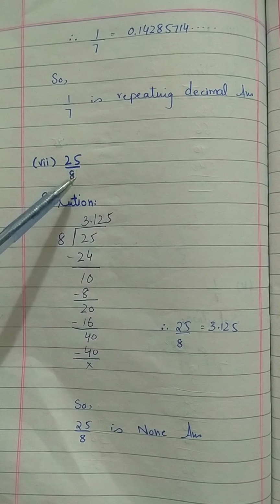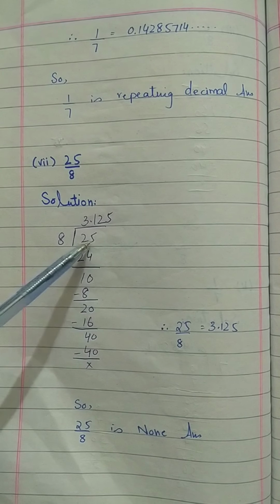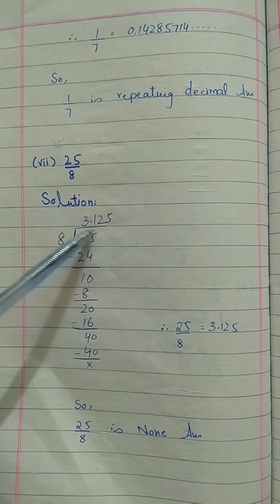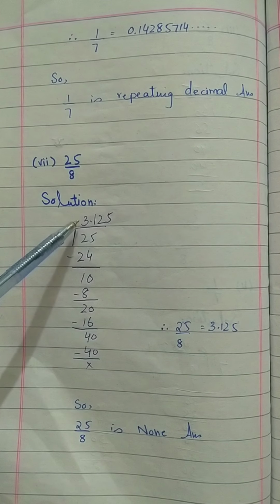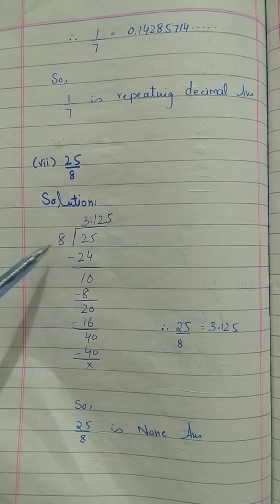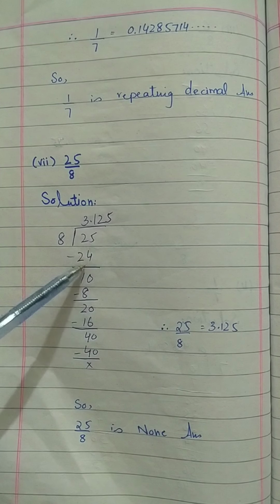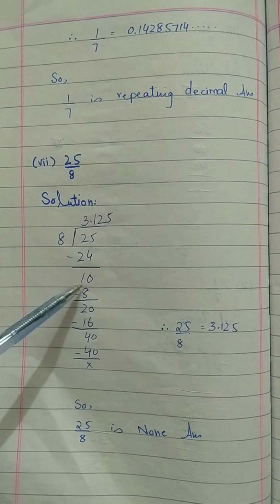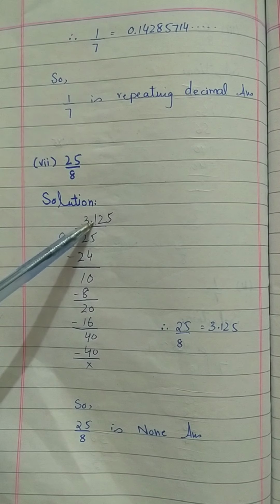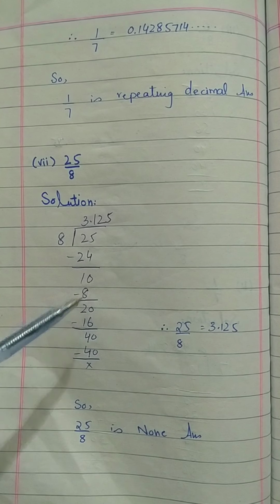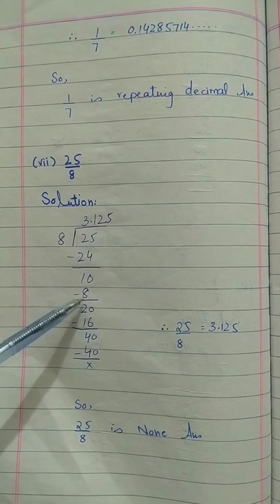The next is 25 by 8. 25 divided by 8. 25 is greater than 8, so there is no need to put 0 here. 8 3s are 24. Subtract 24 from 25 and get 1. 1 is a smaller amount, so we put a point to get 0. And then 8 1s are 8.